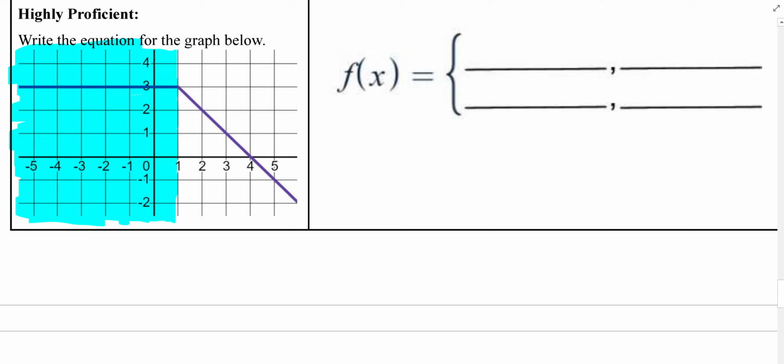And since all of these are x, this is 1, we could say x is less than 1. That's this portion right here. All of that is x equals 1. And so this part over here, color that in here.